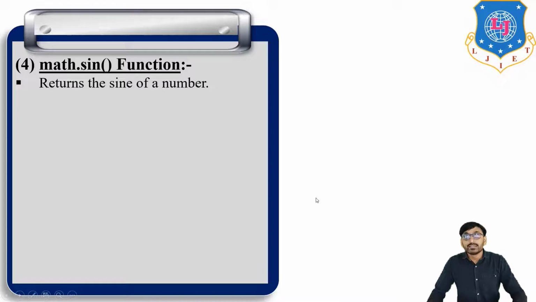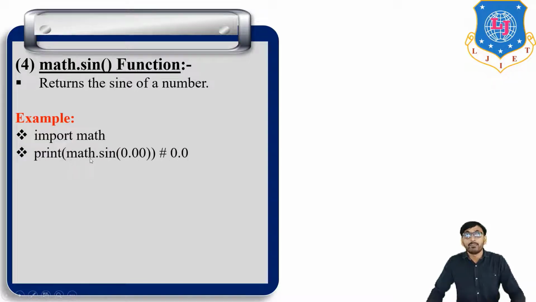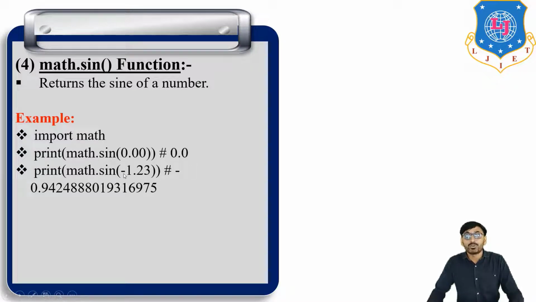Then the next one, the sine function. It returns the sine of a number. For example, import math, then print math.sin of 0.00, we get the answer 0. Then print math.sin of -1.23, we get the answer -0.942488 something.